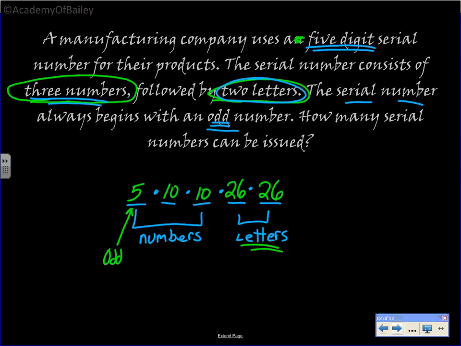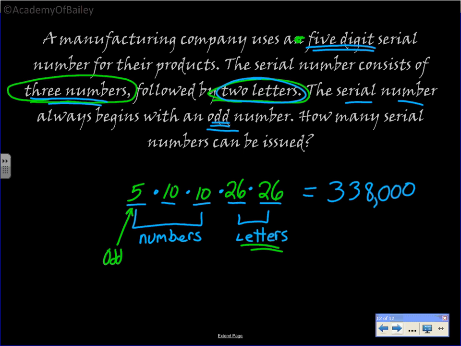So when we multiply these out, 338,000 different serial numbers that they could have in their system to identify the products that they are manufacturing and shipping out to be used. 338,000.